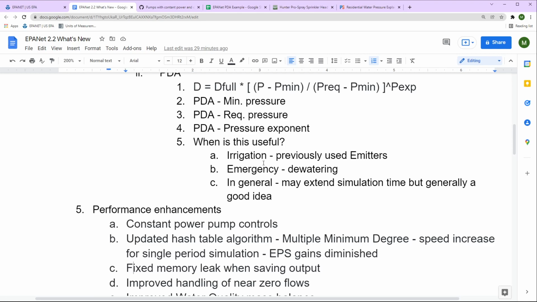So a dewatering scenario makes a simulation more realistic when you start simulating main breaks everywhere and water not available in all areas. It would be helpful for that situation as well. So I think overall it's generally a good feature, a good idea. Maybe not for all analyses, because it does extend the simulation time.